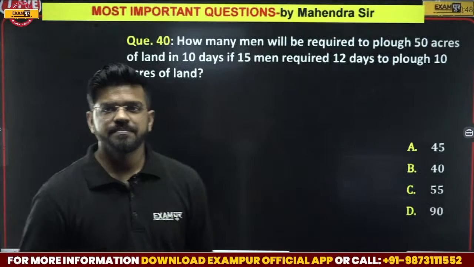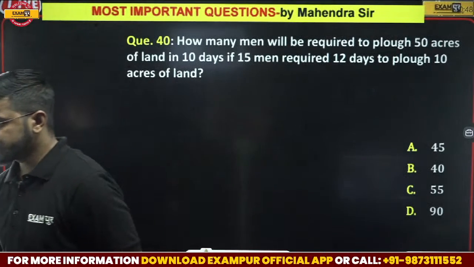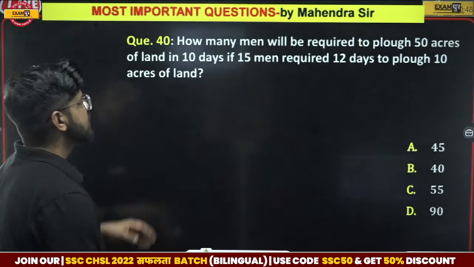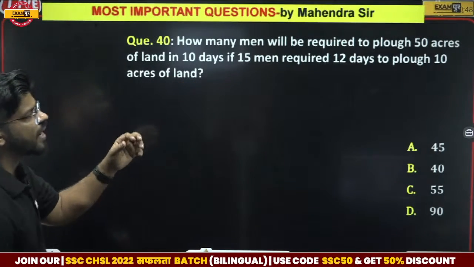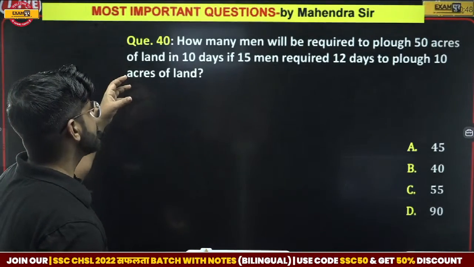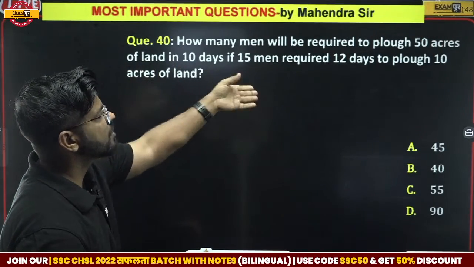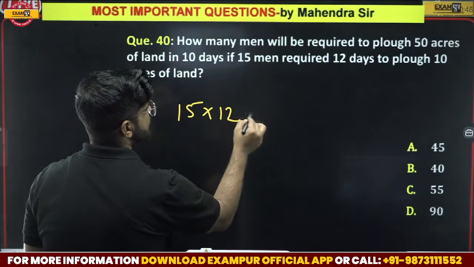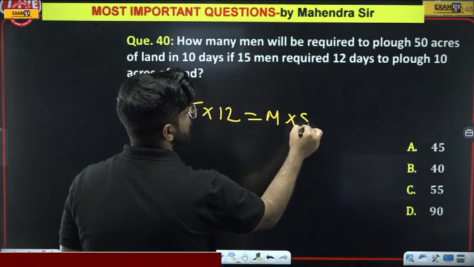Question number 40. Tell me the answer for this question. How many men will be required to plow 50 acres of land in 10 days if 15 men are required for 12 days?